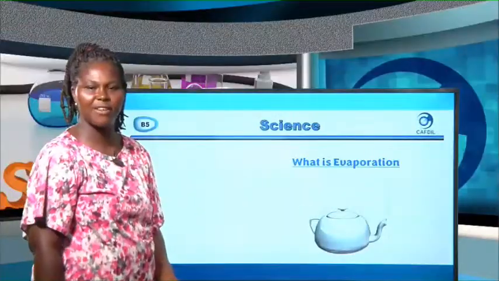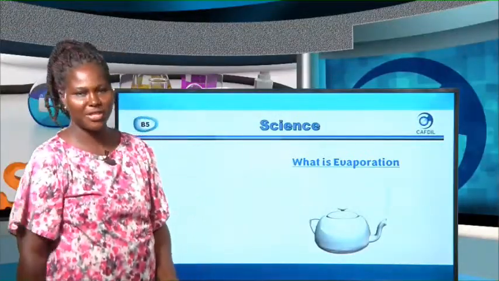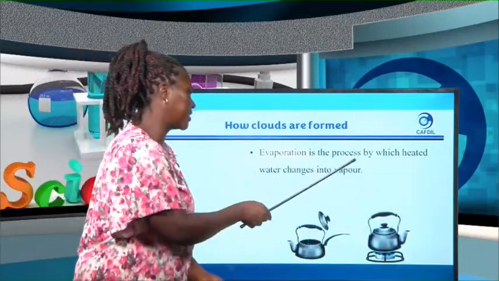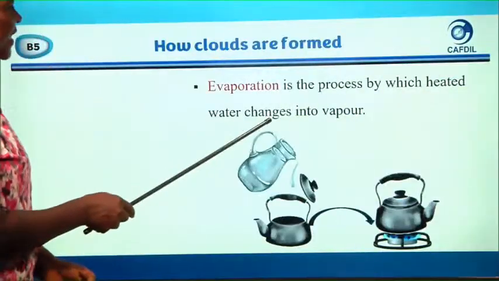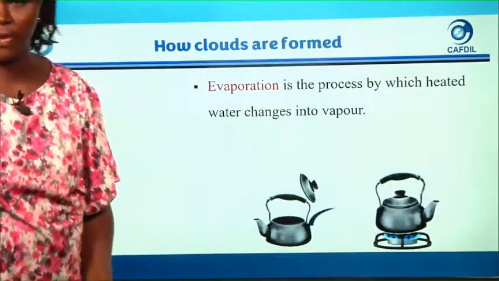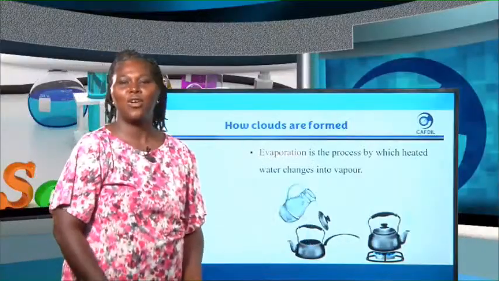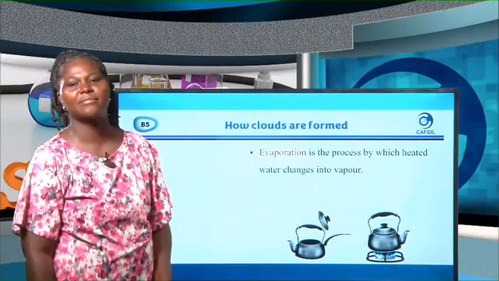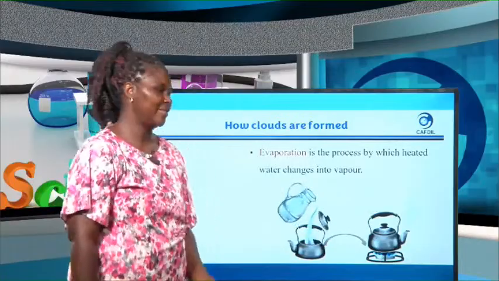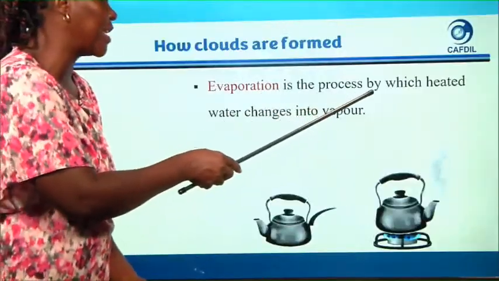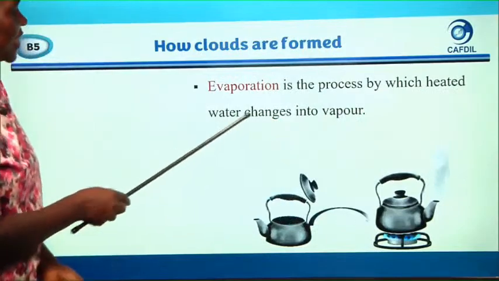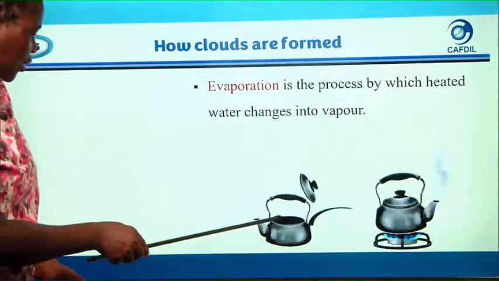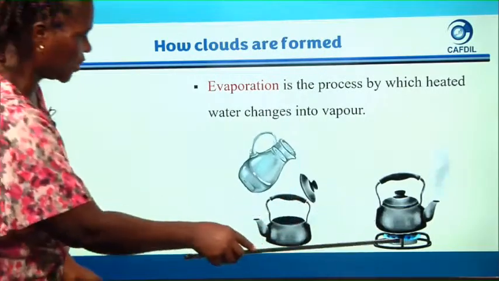Now, what is evaporation? Evaporation is the process by which heated water changes into water vapor. When you put your water on fire, when it boils to a certain temperature, you will see water vapor coming. As we can see on our screen, we put water in a pan and we put it on fire.